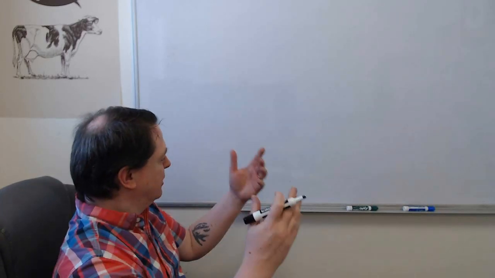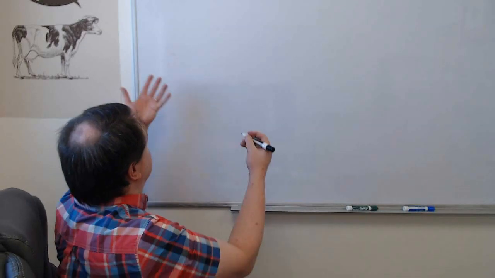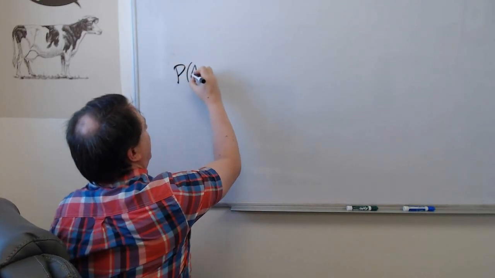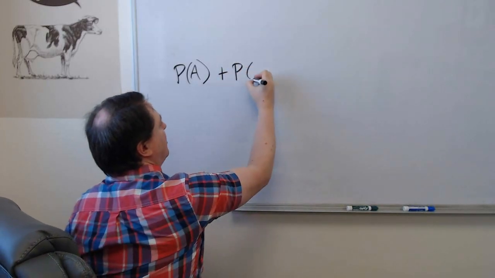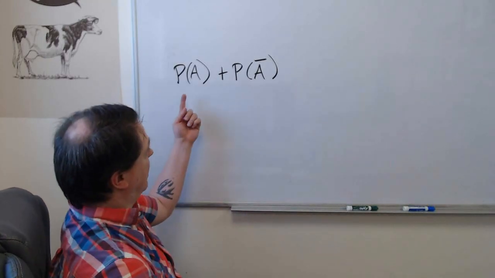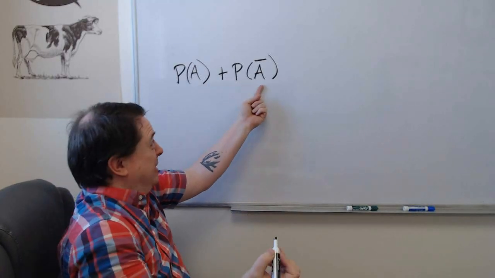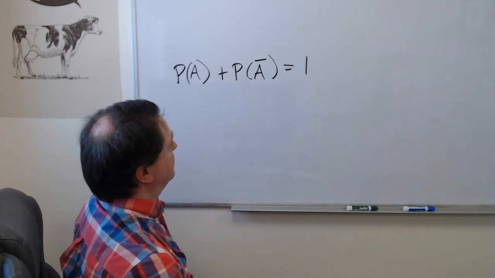It could be a treatment working in medicine or something. It doesn't really matter. It's just some generic thing that's happening. So the probability that that thing happens, if I add together the probability that it doesn't happen, I am absolutely certain that it'll happen or not happen. One of those two. Well, that's absolutely certain.